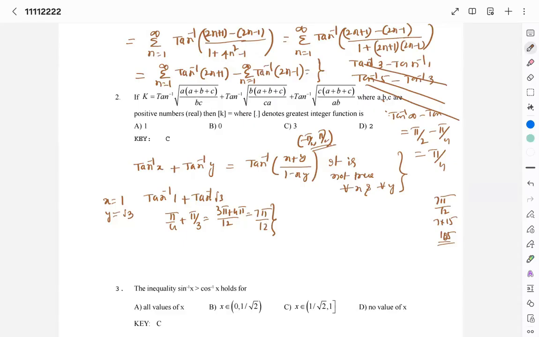Are you following what I'm explaining? So the tan inverse range is up to pi by 2. But if I take these variables, I am getting 7 pi by 12, which is 105 degrees, more than pi by 2. You cannot take this. This formula is not granted for all x, y.